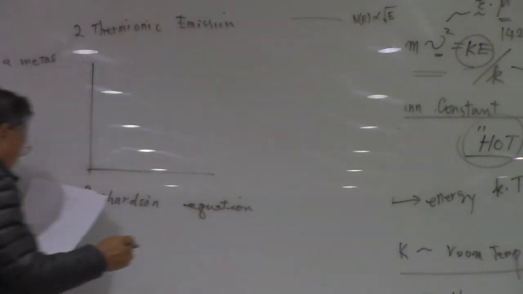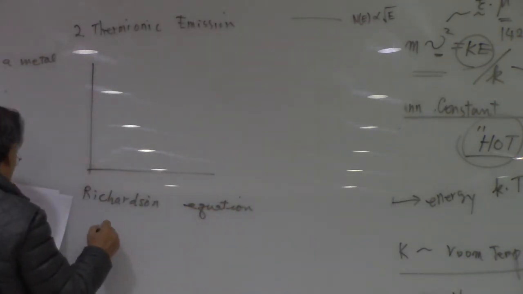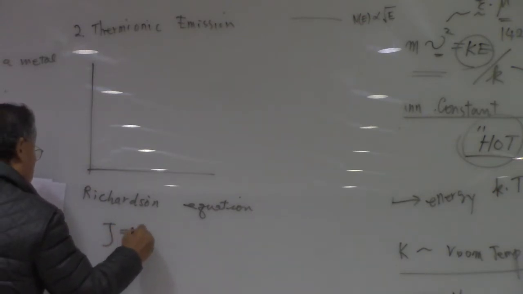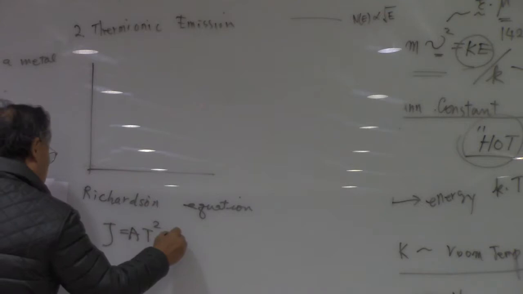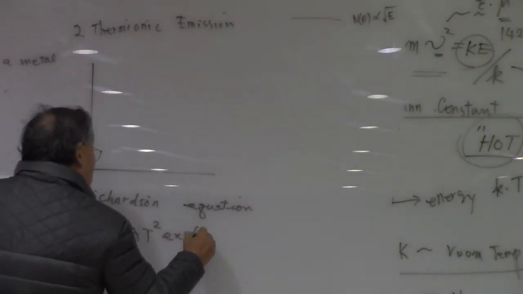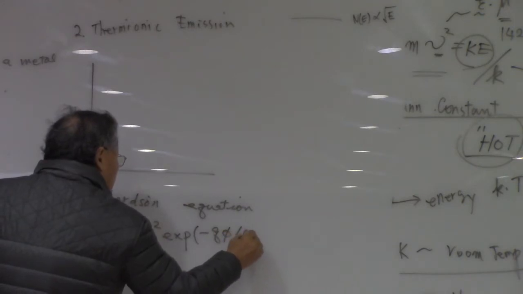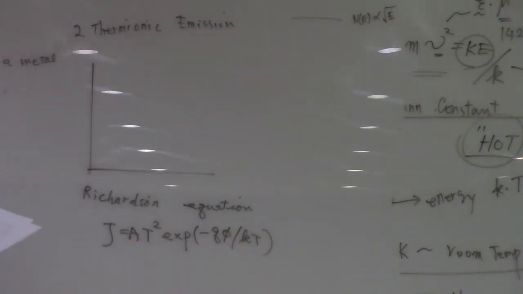That Richardson equation says the current density that we can have is A T squared exponential minus q phi over kT. Something like that.